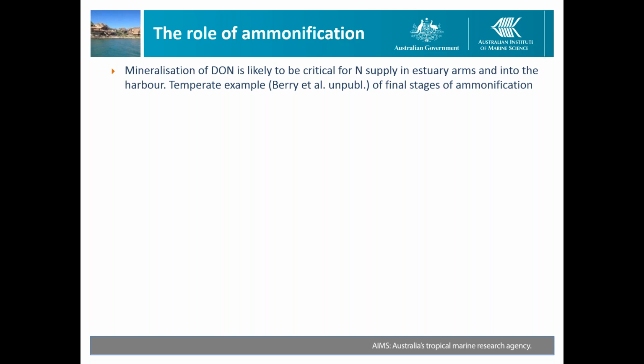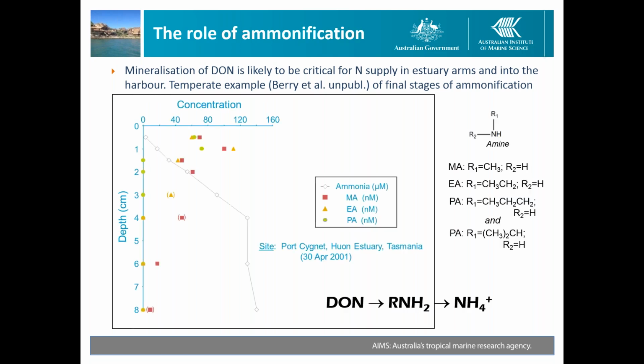Although the processing can take place in microzones around suspended solids, the bulk of it will take place within surface sediments. I have here a temperate example of such, but it will apply just as surely in tropical estuarine sediments.